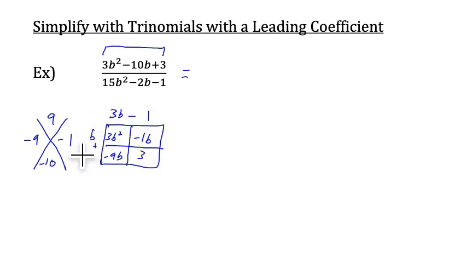And 3b times negative 3 will equal negative 9b. And just double check, negative 3 times negative 1 does equal positive 3. So this is all working out nicely. Right, so the factors in the numerator are 3b minus 1 times b minus 3.